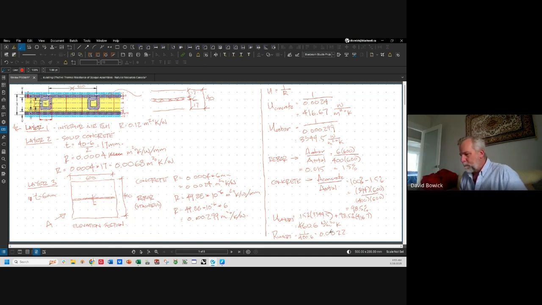So let's go back and compare that to layer 2. Our R value is 0.0068 when it's solid concrete. Layer 3, when we've got the rebar, it's 0.0022. The cold bridge is actually meaningful. Also the thickness, of course.